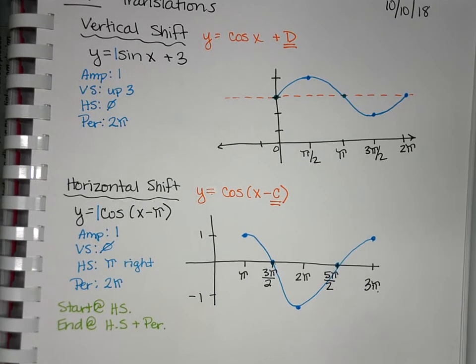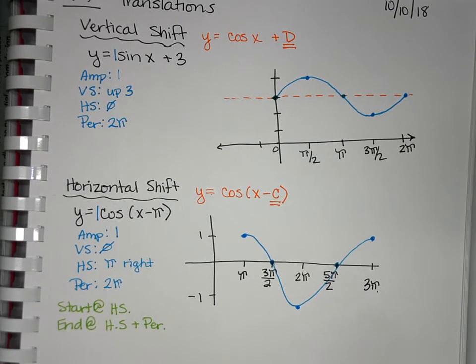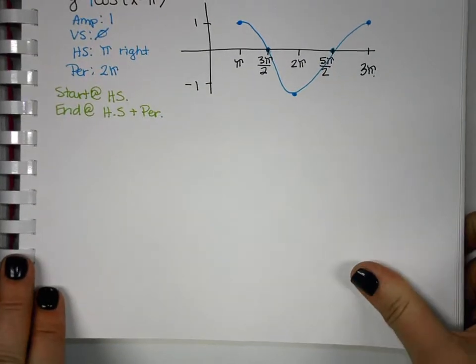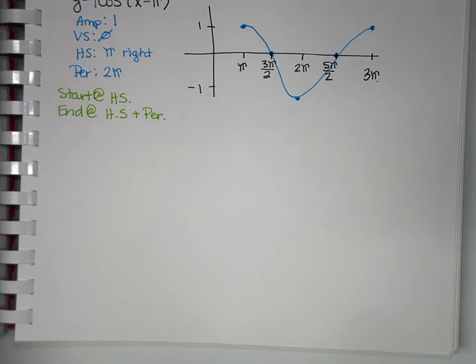Okay, the last one that we're going to do is the period change. All right, so a period change. In the Desmos activity, they kind of introduced you to this idea of squeezing your graph together and pulling it apart.